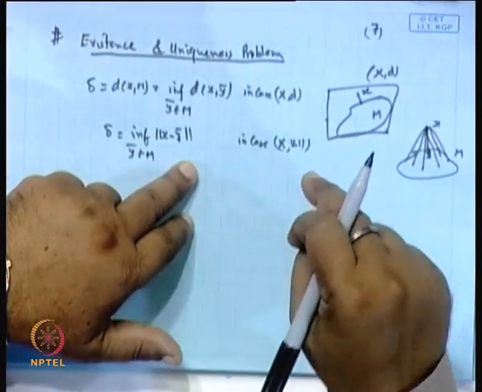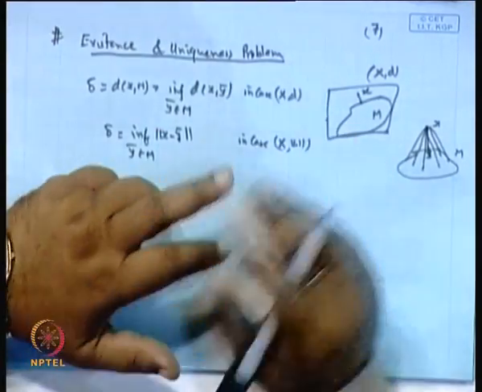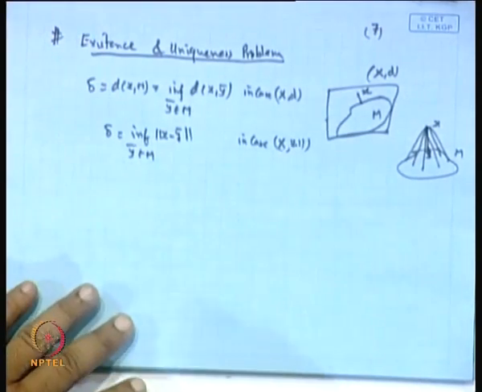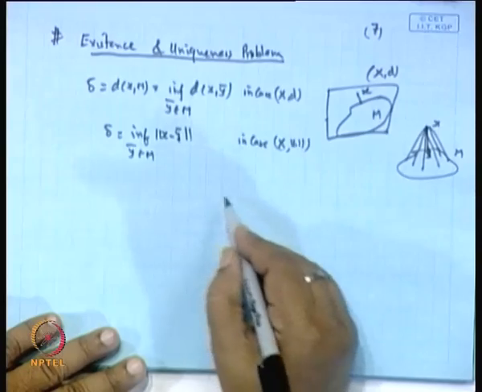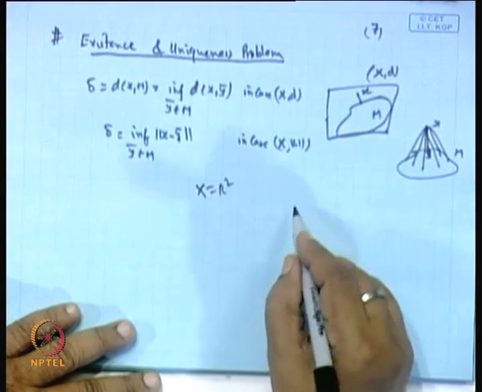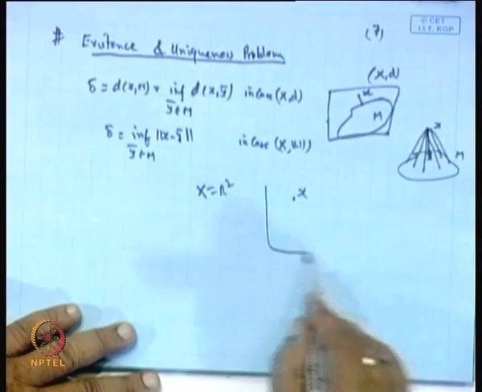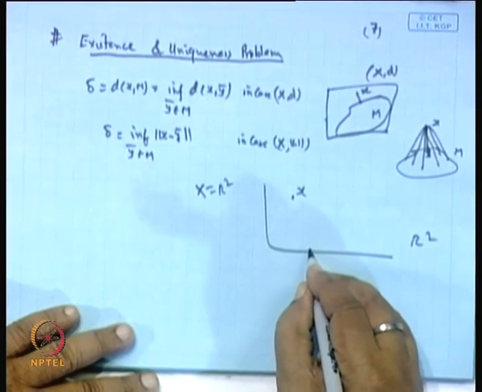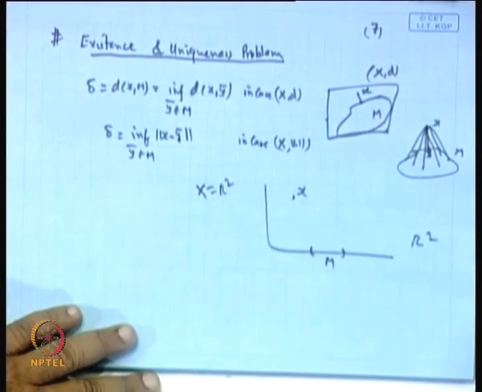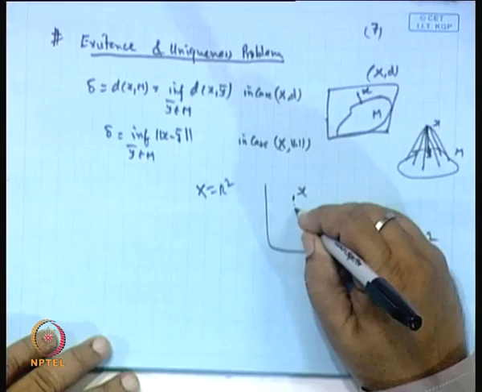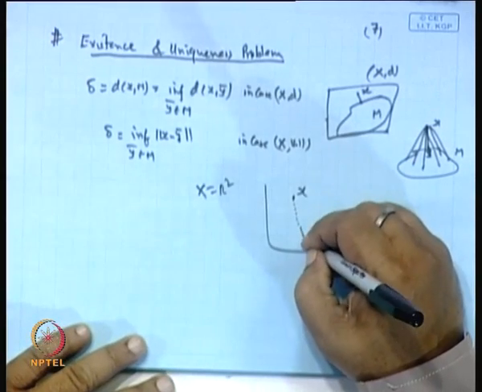So, that uniqueness depends on the space which you are dealing with. In case of a metric space, the situation varies from case to case. For example, if I take X equal to R2, and suppose I take this point x here, and this is our R2 space. Let us pick up this M, this line. Now, if I draw this, then this will be the shortest distance.